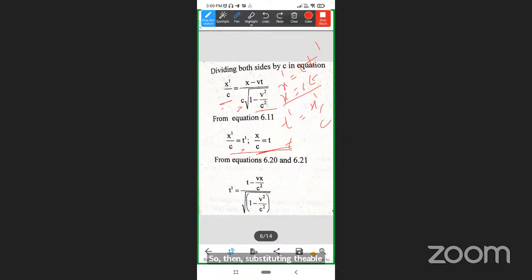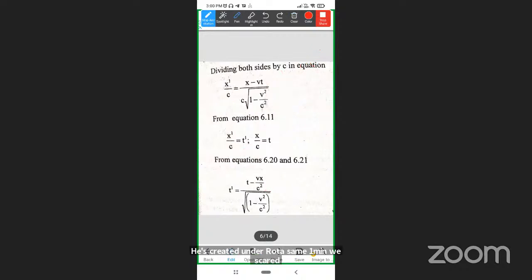The denominator already has c, so it becomes c square under the same root of (1 minus v square by c square). Substituting these values, t' is equal to t minus v into t, where t is equal to x by c, so vx by c square.